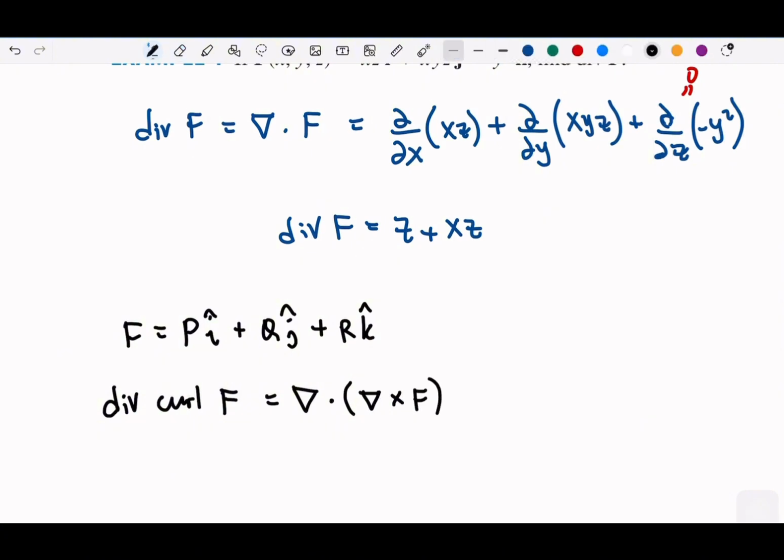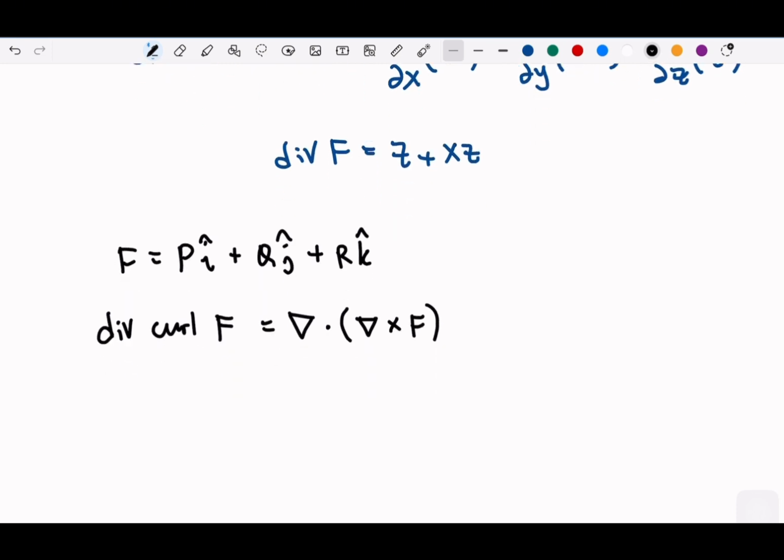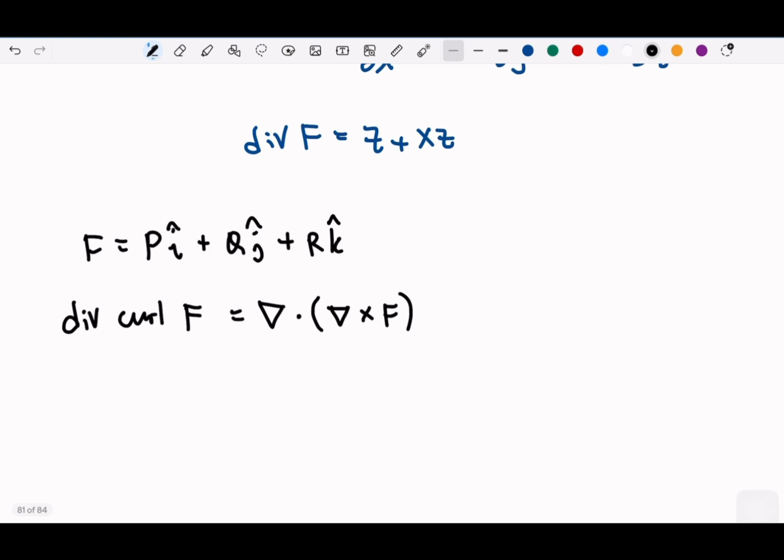We have done the del cross F, so I will just move the result and then take the dot product of it. So the del operator will be ∂/∂x, and this will be the curl result.